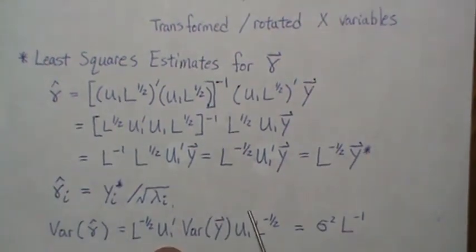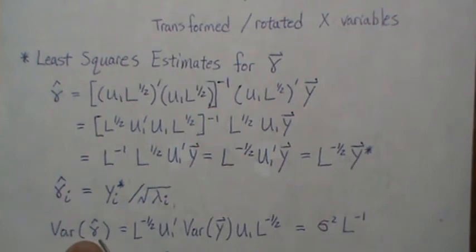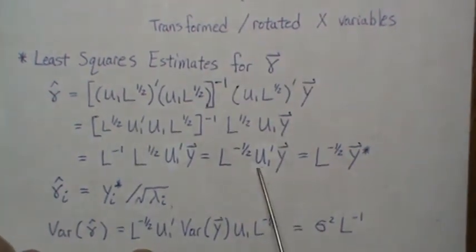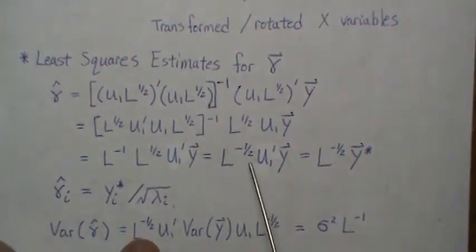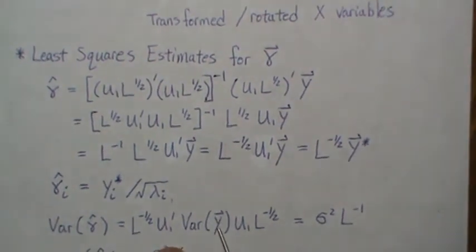Now if we look at the variance of our least squares estimate of gamma, we'll work with this one here. So we take this constant out front, take the variance of y, and we transform it out back, and we get this. Well, this is sigma squared I, so the sigma squared comes out front.